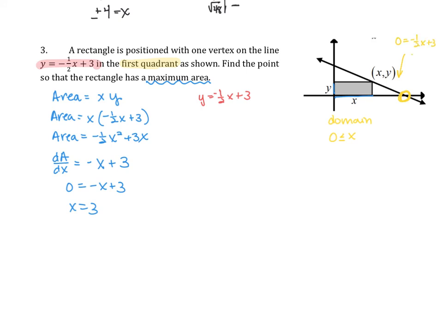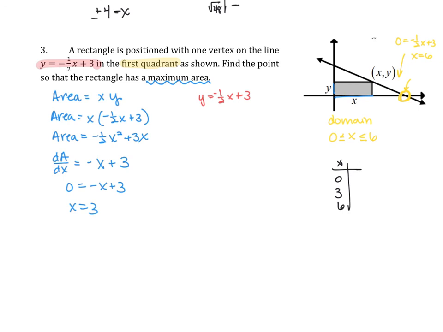So we get x has to be 6. So this crosses the x-axis at 6, which means the largest x value I could have is 6. And since we're trying to figure out a max area, we could certainly plug in all three of these values, 0, 3, and 6, into my area function.